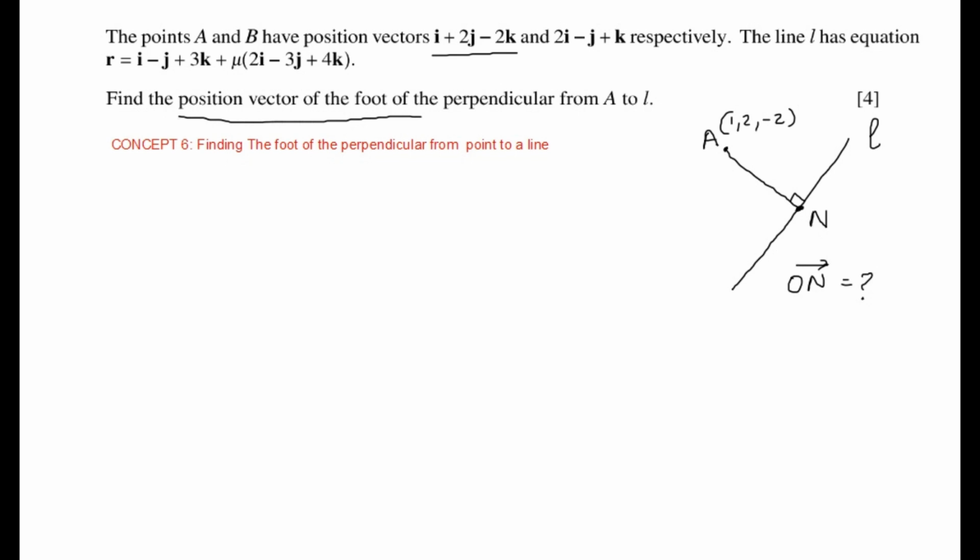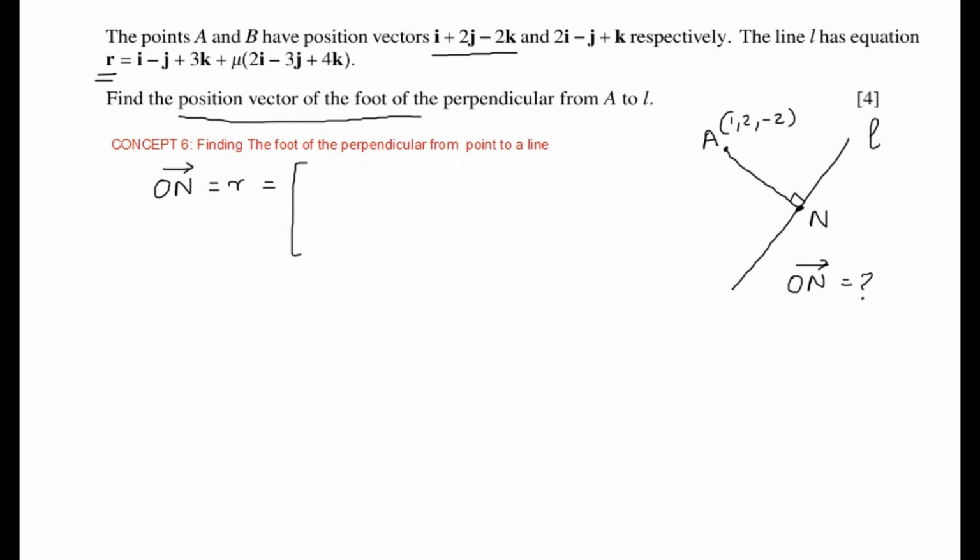And then, since N lies on the line L, ON is equal to R, because R represents any point on the line L. So this R here represents the position vector of any point on the line, and N happens to be a point on the line. So ON is equal to R. I'm going to write it in matrix form.